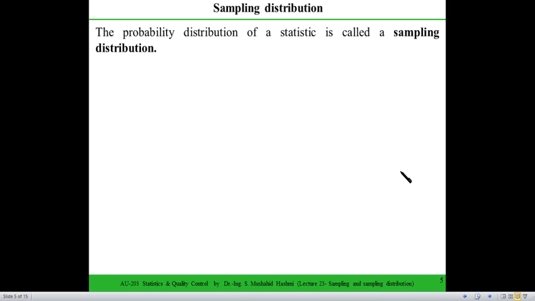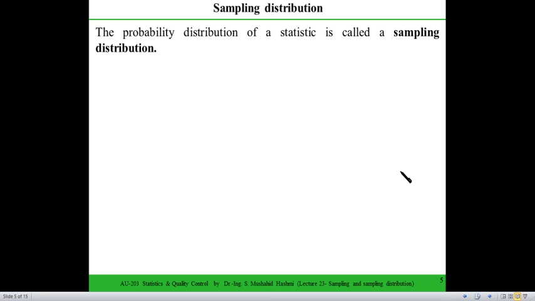The probability distribution of a statistic is called the sampling distribution. A statistic is always taken from a sample, so the probability distribution of a characteristic of a sample is called the sampling distribution.